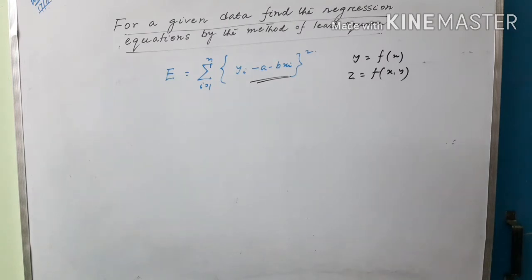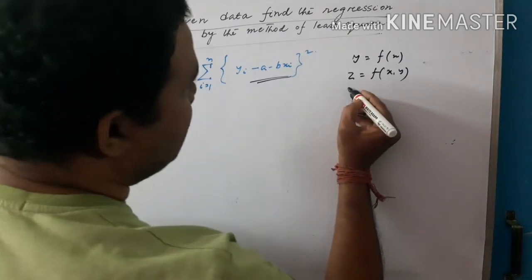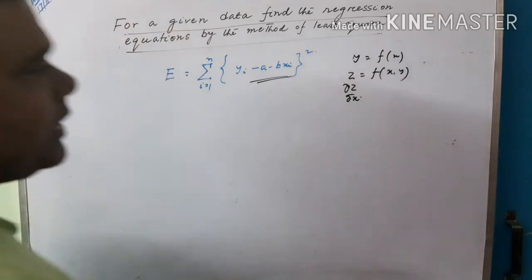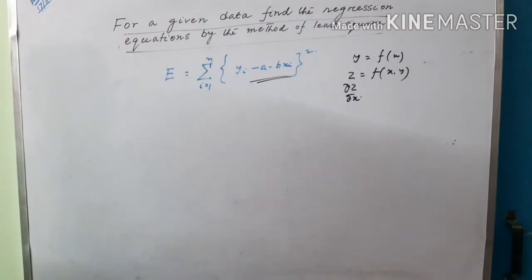Clear? When we differentiate it with respect to x, we write it like this, del z by del x. Clear? And in the case of del z by del x, we assume that x is the only variable and y is constant.